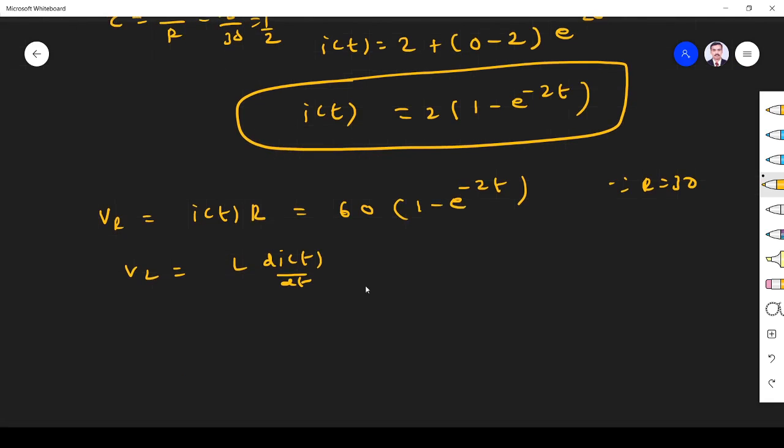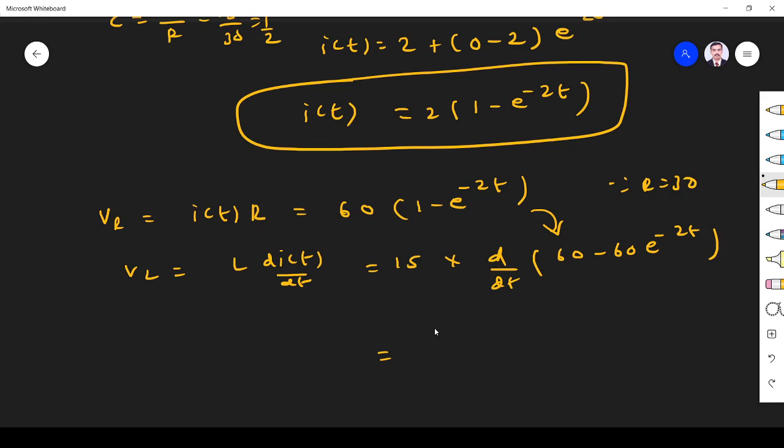L we know is 15 henry. So 15 into d by dt of 60 minus 60 e power minus 2t.